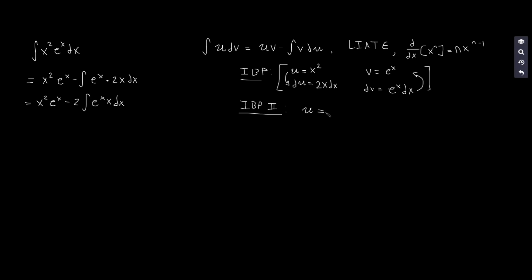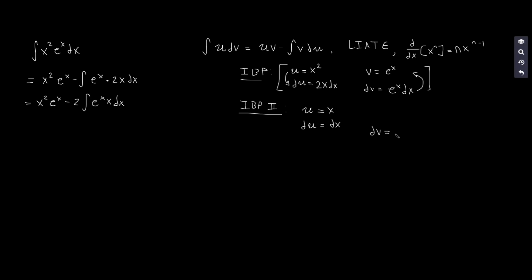We need to pick a u, and we need to pick our dv. And well, algebraic terms, according to LIATE, have precedence over the exponential. So that means that u is going to be assigned to be x, and then du is going to be the derivative of x, and the derivative of x is just going to be dx, or 1 dx. And then, oh, maybe I should have done this first.